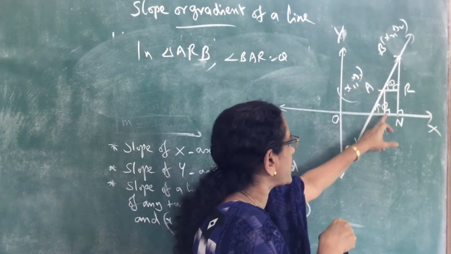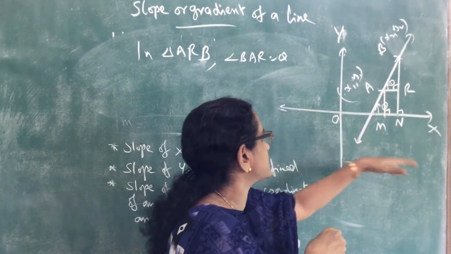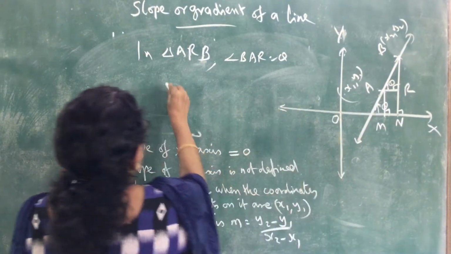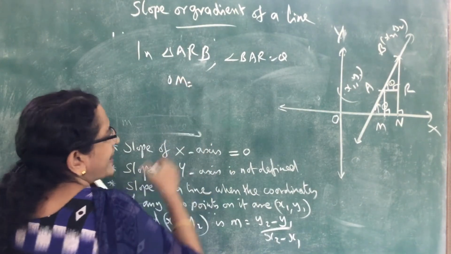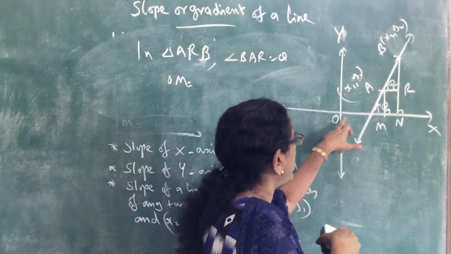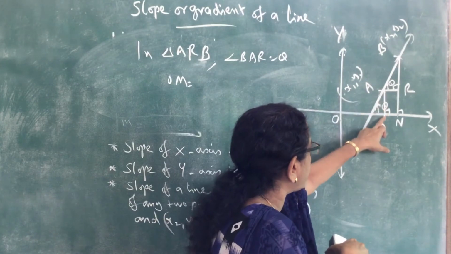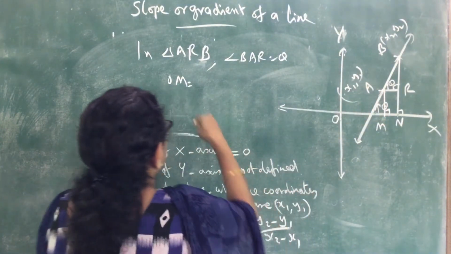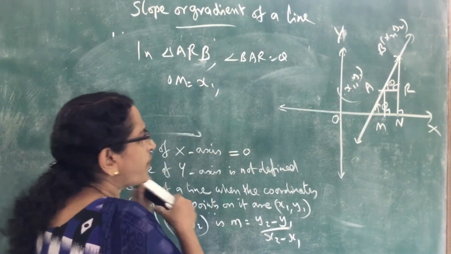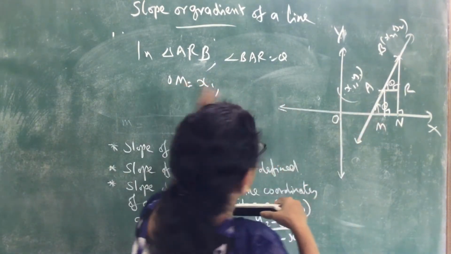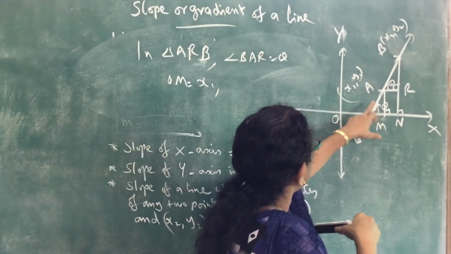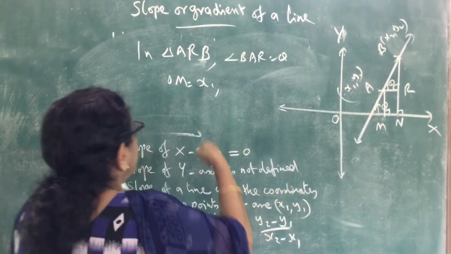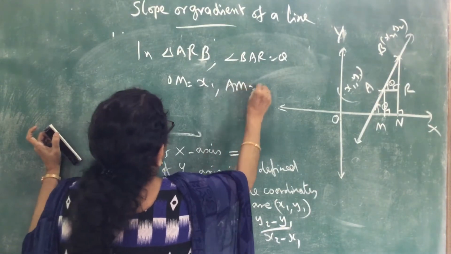When we draw perpendicular AM to the x-axis, what is OM and what is AM? OM is the x coordinate of the point A, that is x1. And AM is the y coordinate, so AM equals y1.